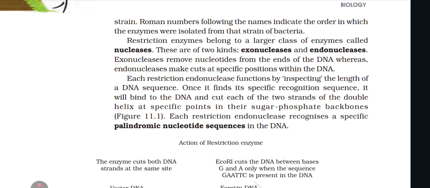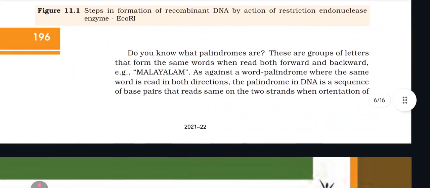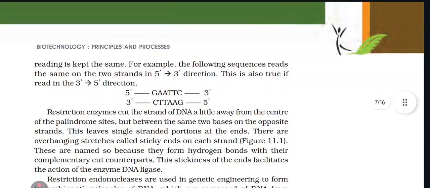Each restriction endonuclease recognizes a specific palindromic nucleotide sequence in the DNA. Do you know what palindromes are? These are groups of letters that form the same word when read both forward and backward, for example Malayalam. The palindrome in DNA is a sequence of base pairs that reads the same on the two strands when the orientation of the reading is kept the same.